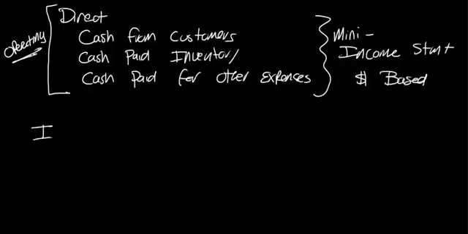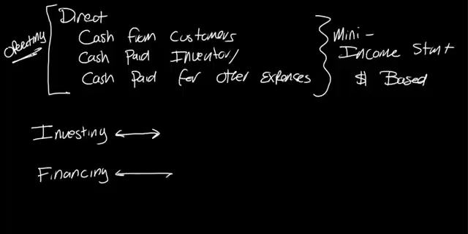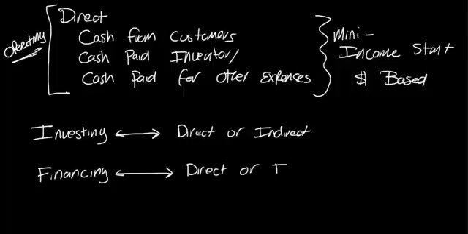If we prepared the investing section or the financing section, they are going to look exactly the same whether we prepare them using the direct or indirect method. There will be no difference, and there will be no difference in any of the totals in any of the sections.